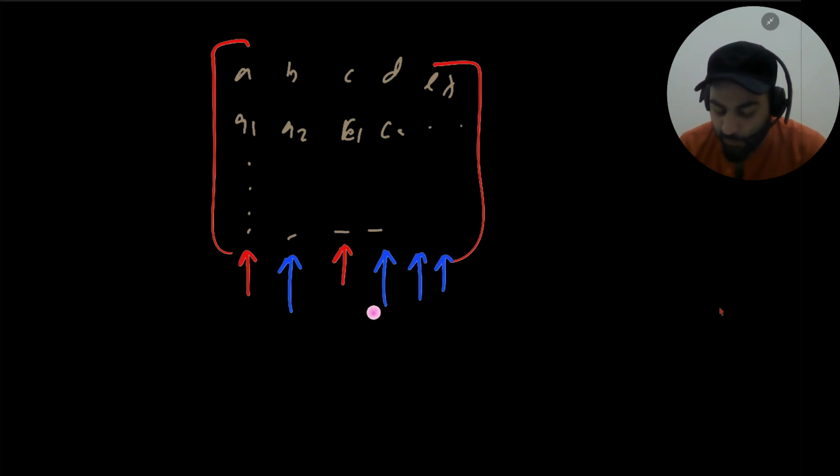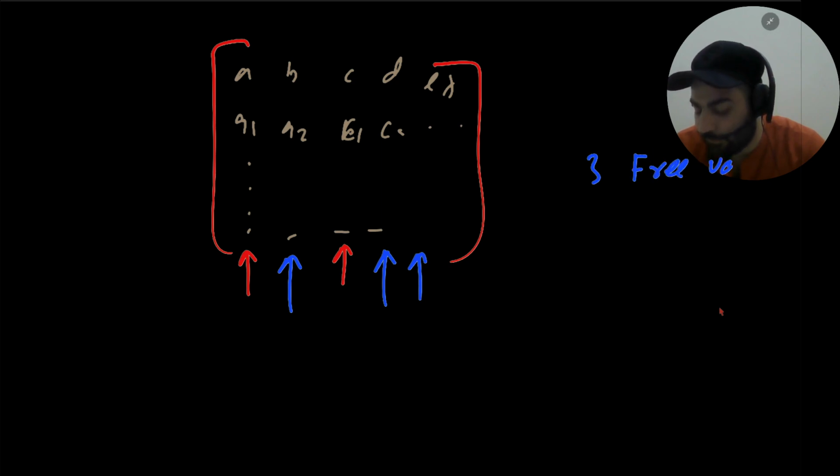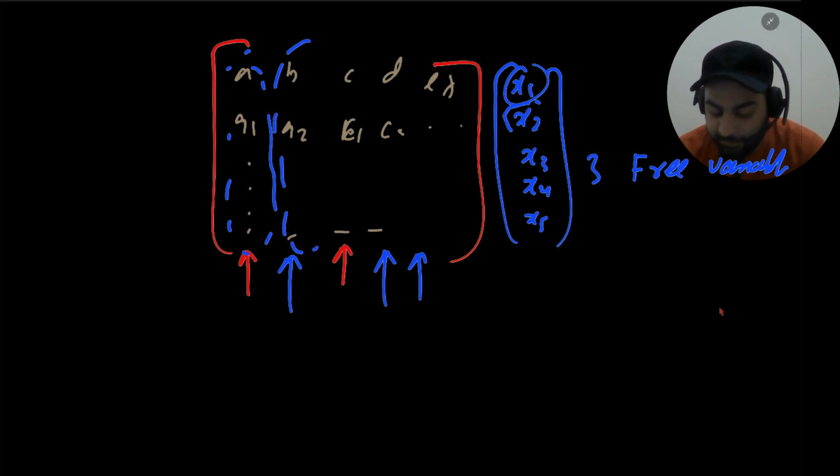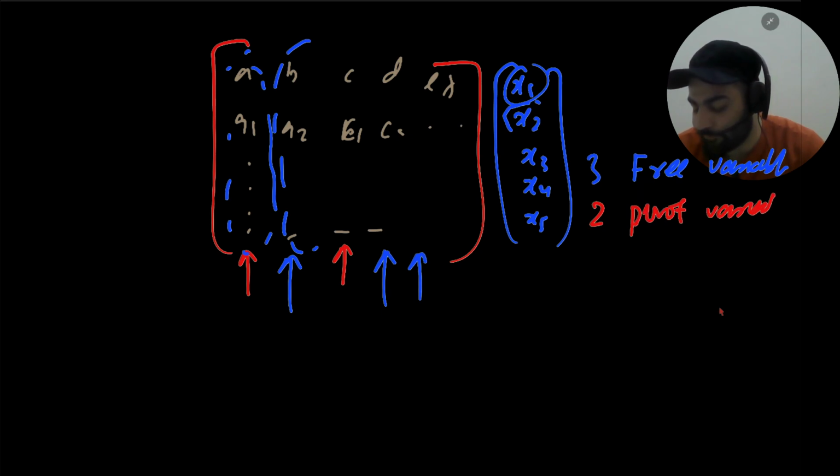So now we have 3 free variables or 3 free columns, because one column represents a variable: x1, x2, x3, x4, and x5. The whole of x1 will get multiplied with this whole column, and the whole of x2 with this whole column. So we have 3 free variables, and we have 2 pivot variables or 2 pivot columns.